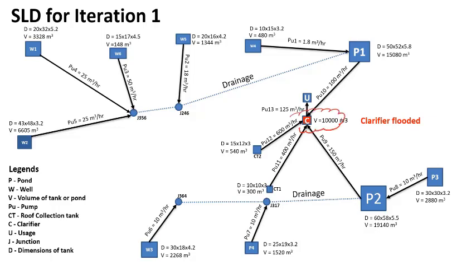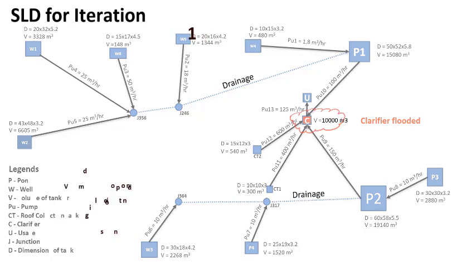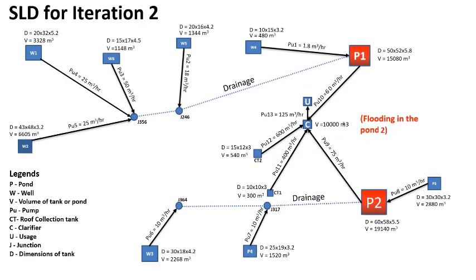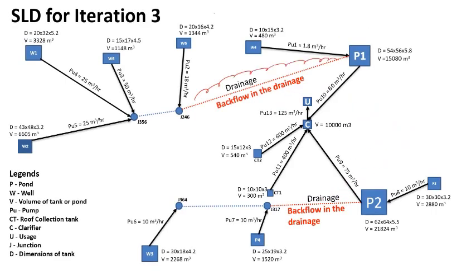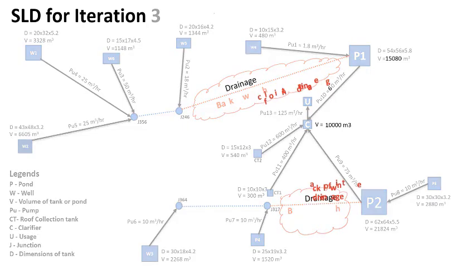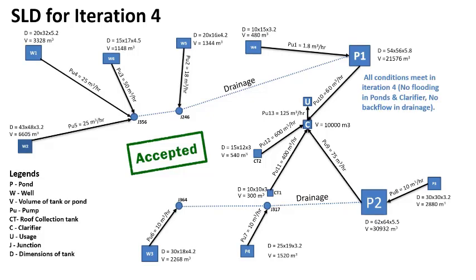To improve upon the clarifier flooding, we had to reduce the pump sizes, which led to the flooding of the pond. That indicated that we should increase the pond sizes in the next iteration. Even after increasing the pond sizes, backflow in the drainage was happening. Therefore, we increased the pond sizes further, and that led to an accepted network.